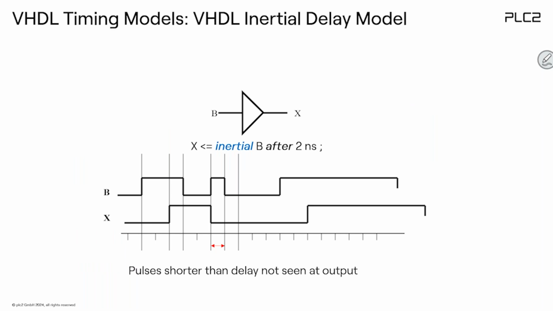This means we are able to model a component like a buffer, and if we use the keyword inertial, which is the default, we can also skip it. For example, X is inertial B after 2 nanoseconds. If we use this, this means that this buffer has a delay of 2 nanoseconds.